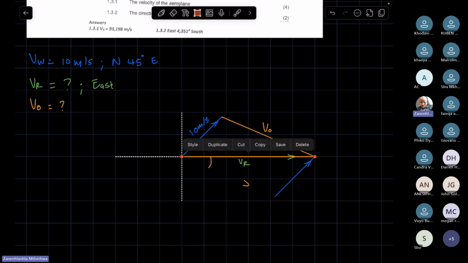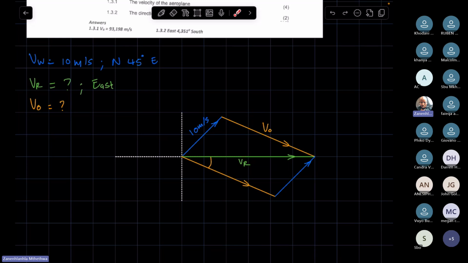Do you see that? Yes, sir. So this is for the guys that used the method of components. That is how they would have needed to look at it in order to establish where the VO vector would have to be in order for the pilot to end up directly east.